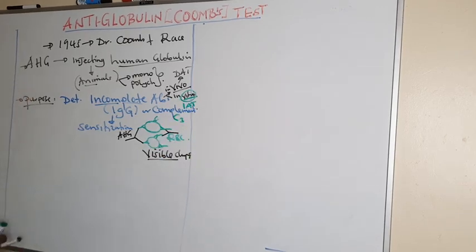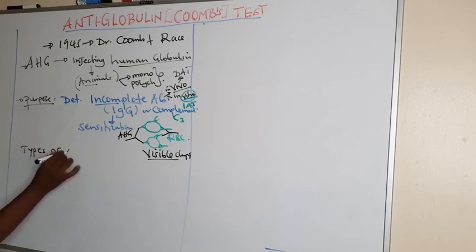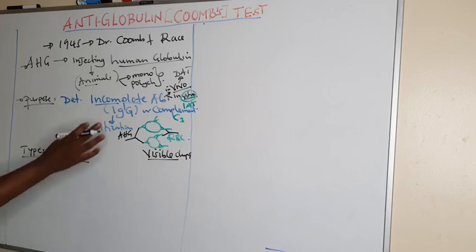So we are looking at the types of anti-human globulin test. They are of two forms, as we have seen.